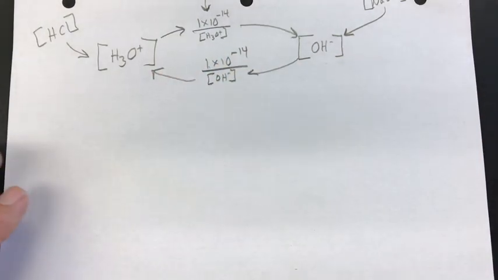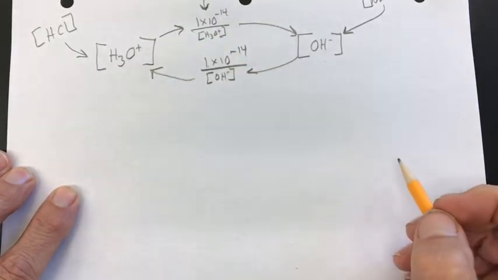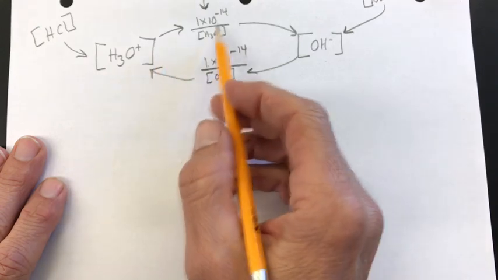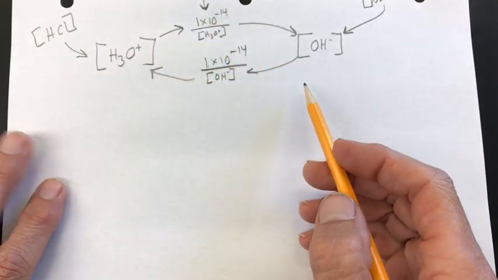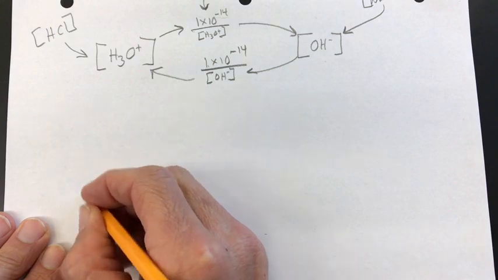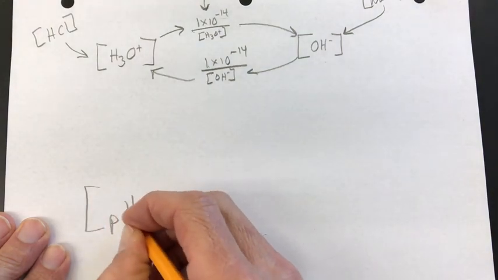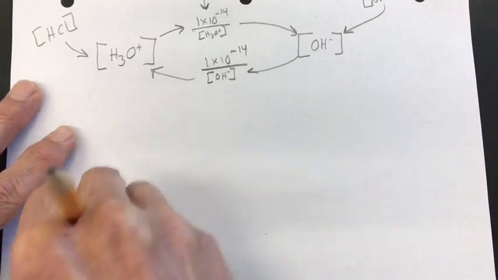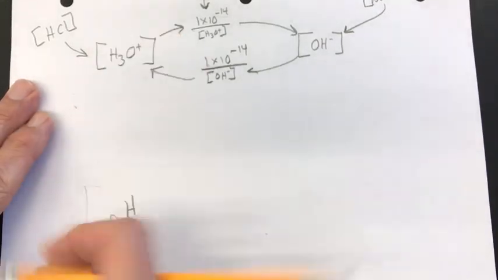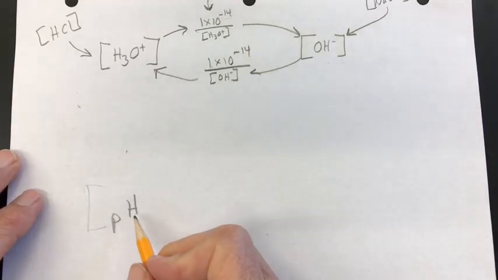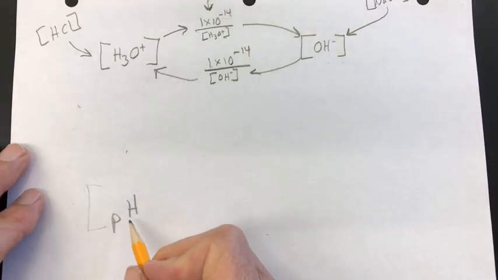But you say, oh, I'm so lazy, this is a lot of numbers to write. How about we just go with the exponent? Well, we can go to what we call pH. pH stands for the power of hydrogen.